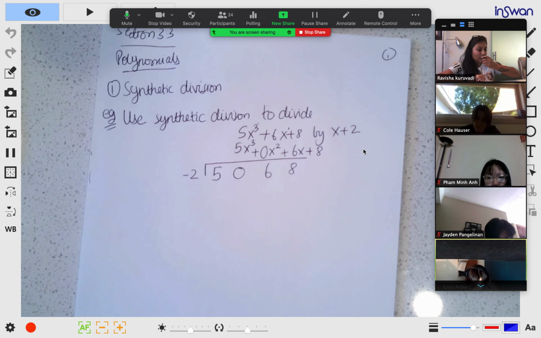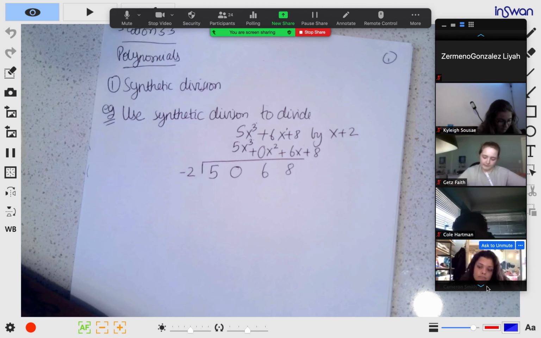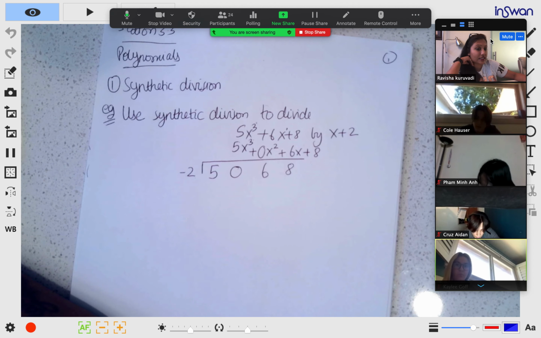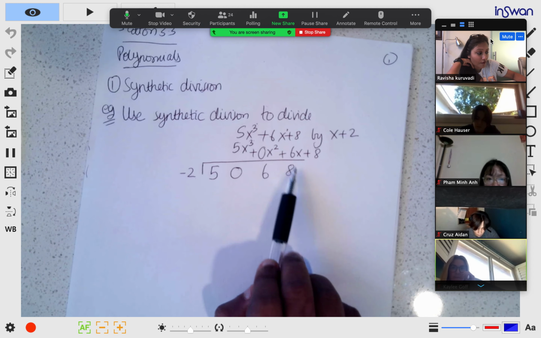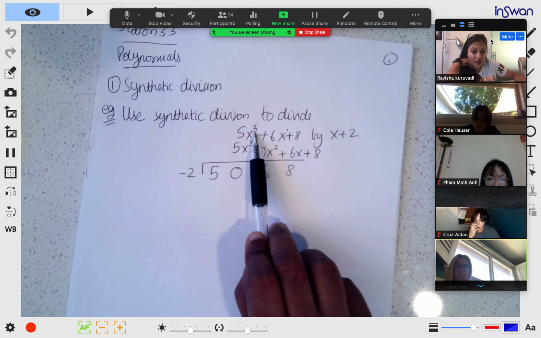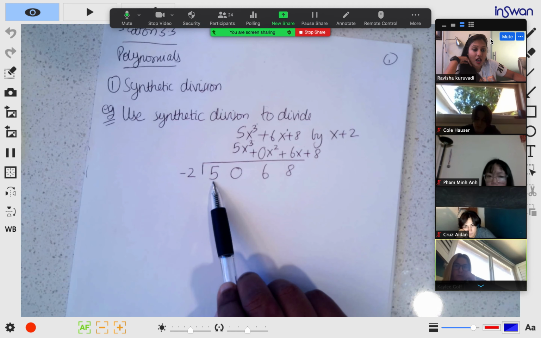Okay, so you need to write the coefficients here. The highest power of x is 3, so the coefficient of x to the power of 3 is 5. So I write here 5. After 3, what comes? 2, right?